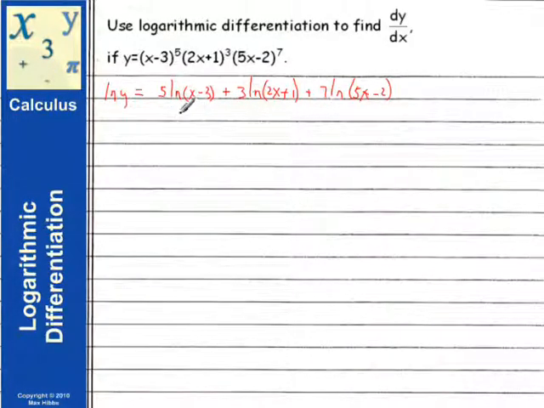Remember, we're going to find the derivative here of this side, the derivative here, the derivative here, and the derivative here. So the derivative of the natural log of y we saw is 1 over the argument times dy dx, so I'm just going to write that down: 1 over y times dy dx.